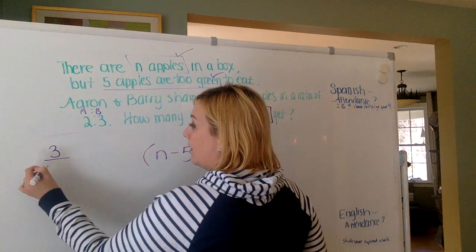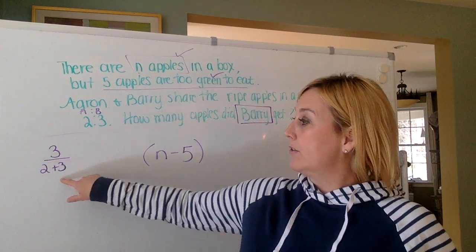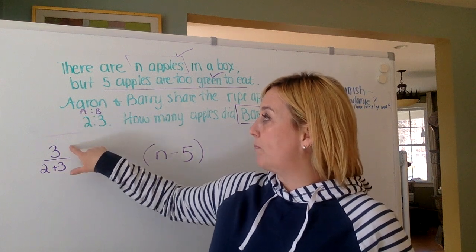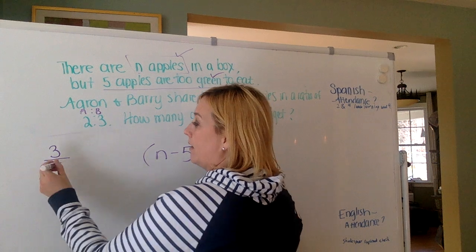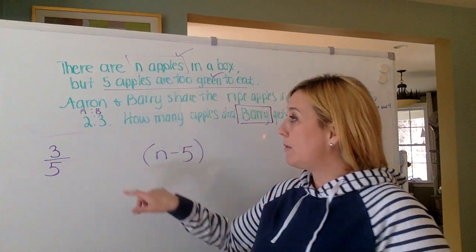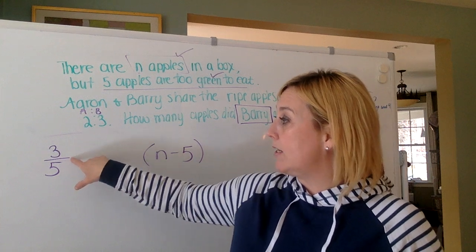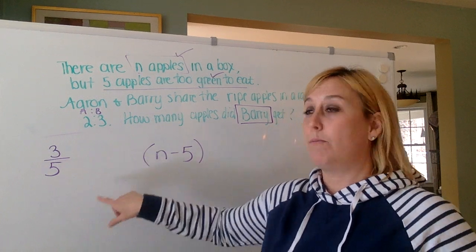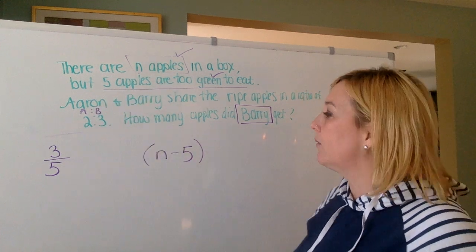Because that's the 2 for Aaron plus the 3 for Barry. So the whole is 2 plus 3. So Barry gets 3 for every 5, right? So that makes sense. Barry gets 3/5 of the apples. He gets 3 for every 5. And we can tell Barry gets more apples than Aaron because Barry gets 3 and Aaron gets 2.